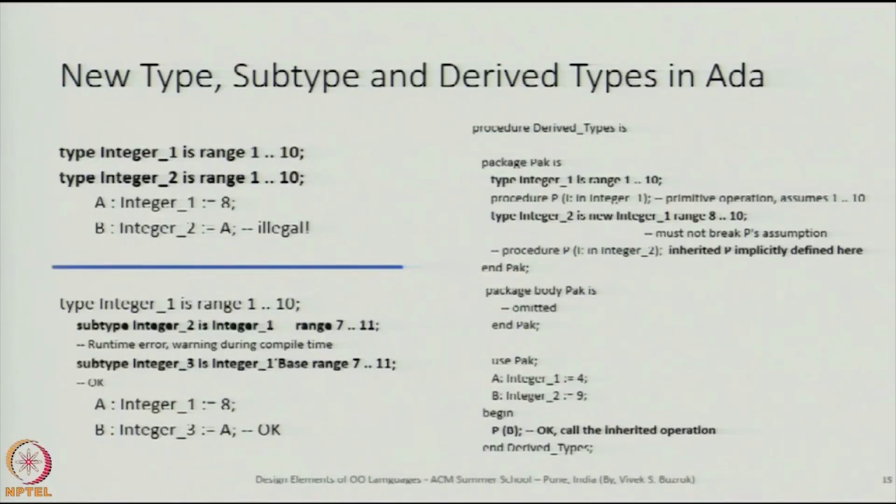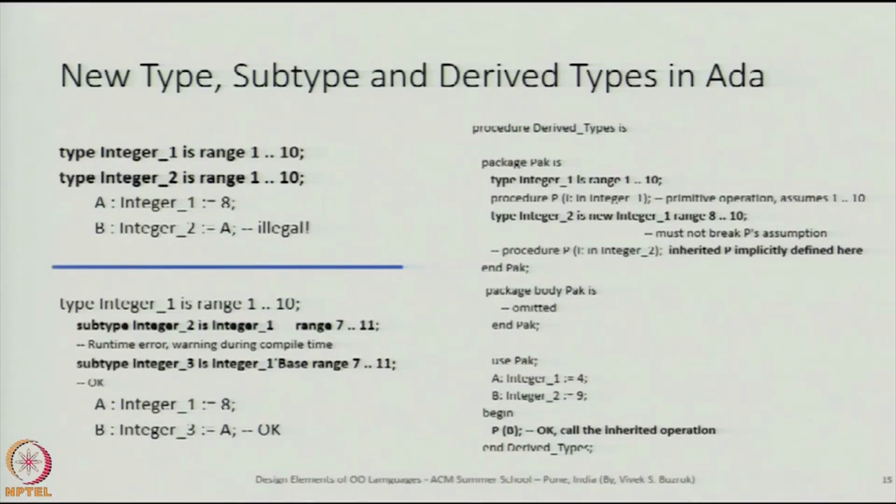Obviously, you are not supposed to break P's assumption, which is range 1 to 10. So we are defining this 8 to 10 integer, but this word new is important here. What does it mean? This new means I do not have to define P again, because automatically along with this type, you have inherited this P procedure.